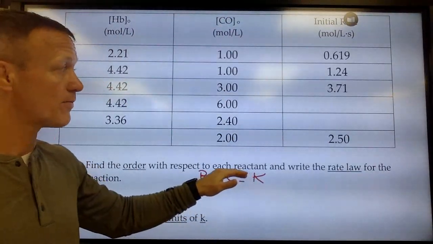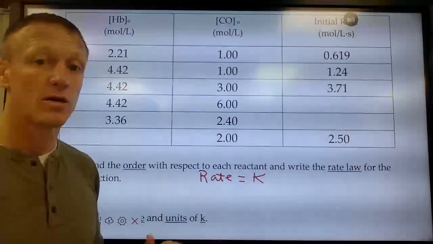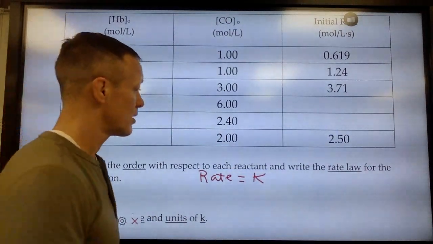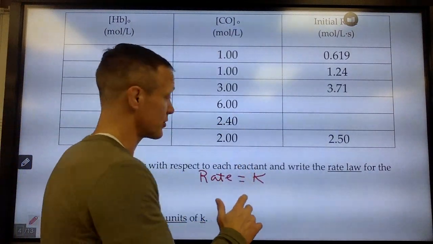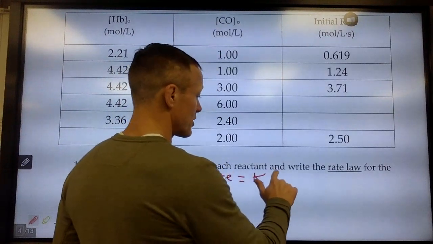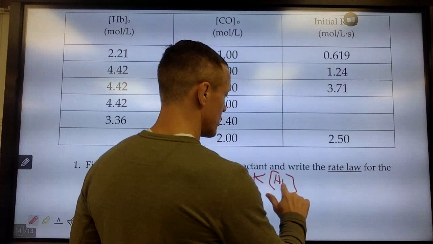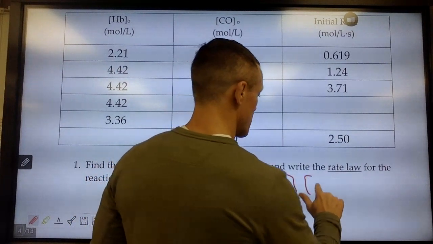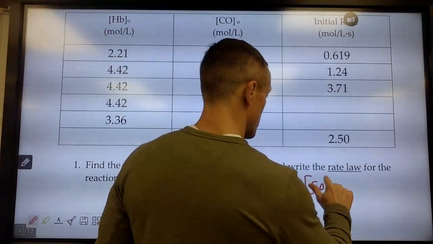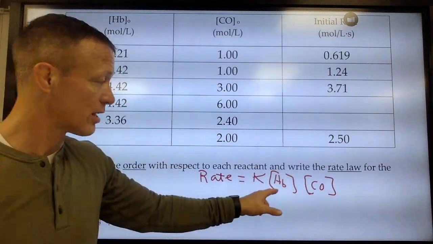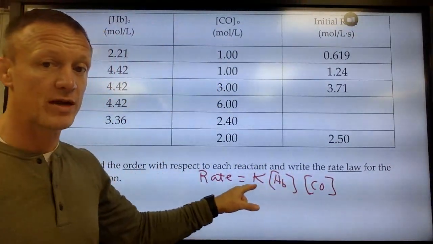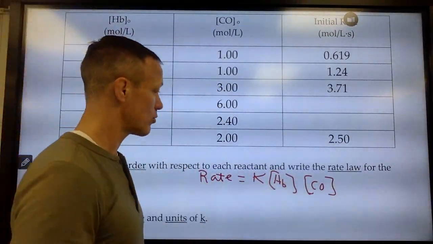K will always be the same for this reaction unless you change temperature, but k is different for every other reaction. And if we change temperature, that changes k also. So it's the rate constant times the concentration of the reactants, hemoglobin, times the concentration of carbon monoxide. Molarity of this times molarity of this times the rate constant equals the rate.